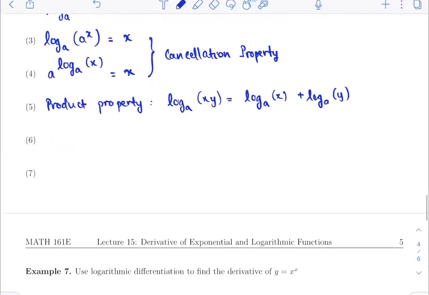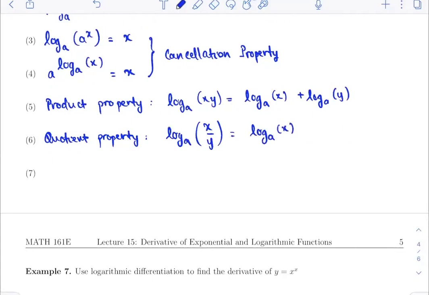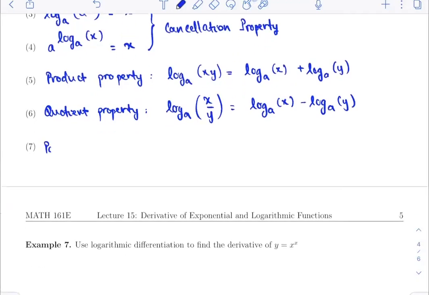The next property is the quotient property. When I consider log base a of x over y, I have log base a of x minus log base a of y. And the last property, which is the most useful for the logarithmic differentiation technique, is the power property.